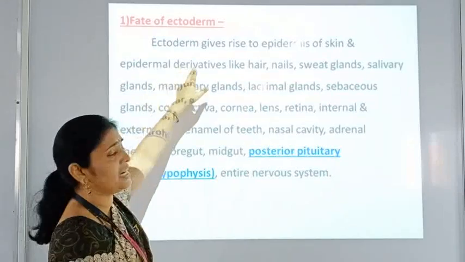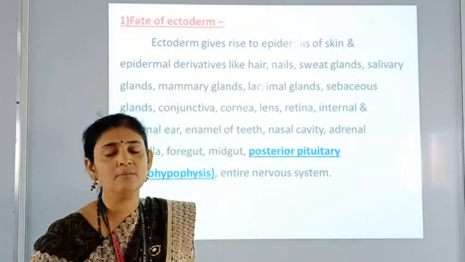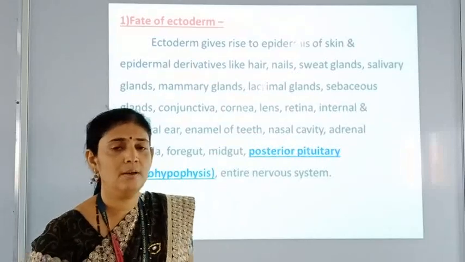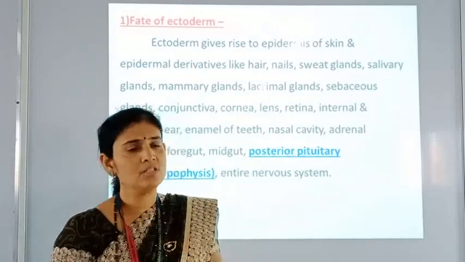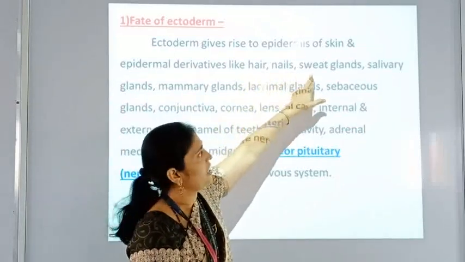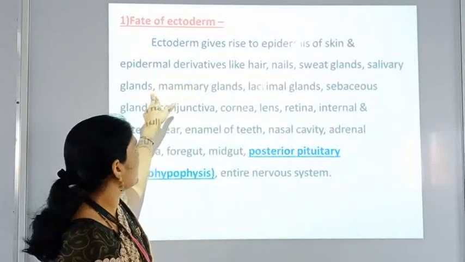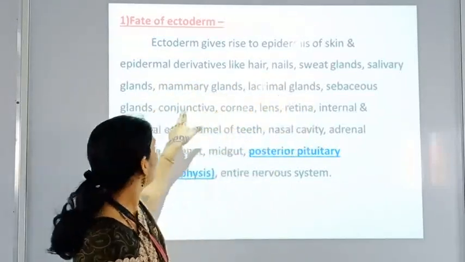Then the epidermal derivatives, means the different organs or different body parts which are present on the covering of our body, and those are here the hairs, nails, sweat glands, salivary glands, mammary glands, lacrimal glands, sebaceous gland.